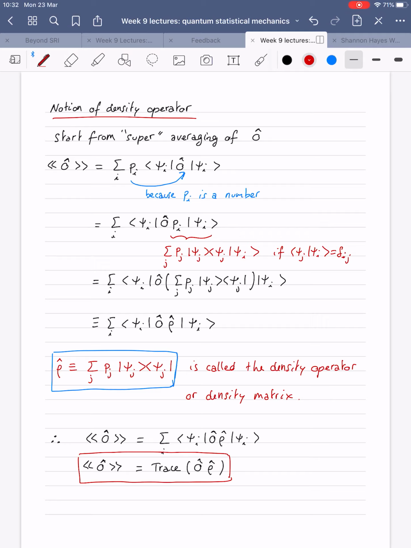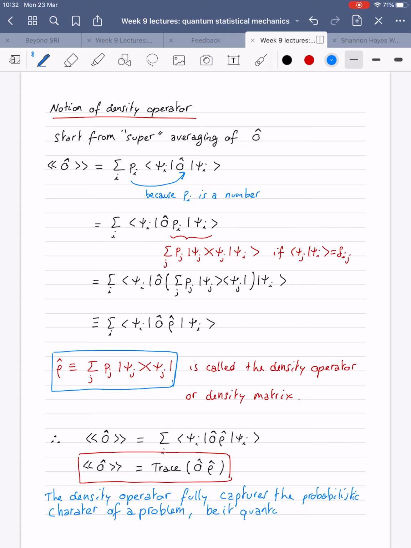So one final thing I've got to write down is simply that the density operator fully captures the probabilistic character of a problem, and that's a point here, of a problem, be it quantum or classical, so it does both.